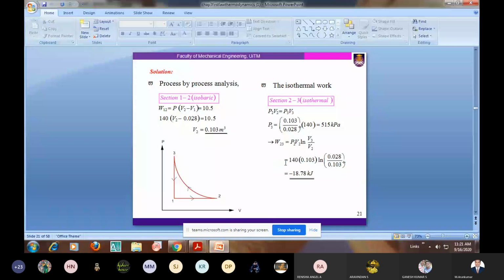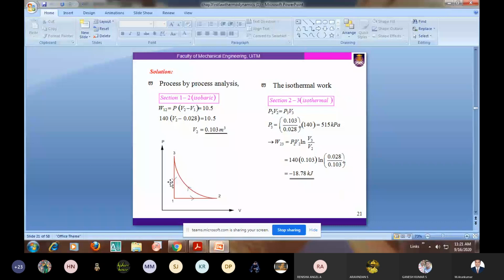So we can get the W also. The W value will be minus 18.78 kilojoule. So here, in the isothermal process, work done on the system is there.